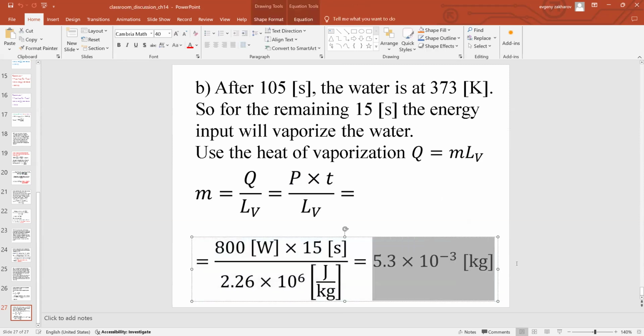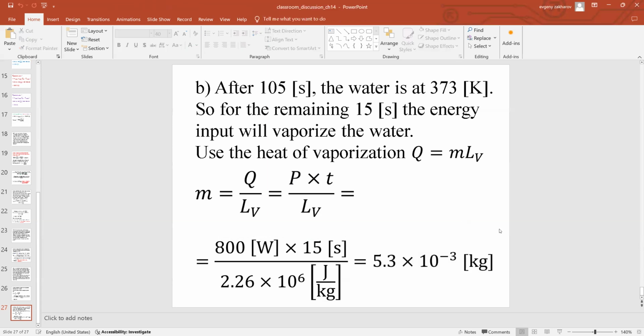That's the amount of water that will evaporate, which is 5.3 what? Grams, because if it's kilograms, kilo means 1,000, but you have thousandths. So 10 to the negative third and 10 to the positive third kind of cancel, and you're left with 5.3 grams.